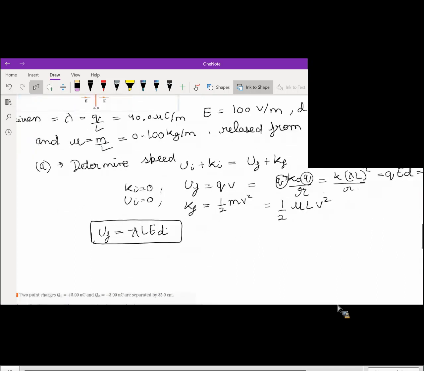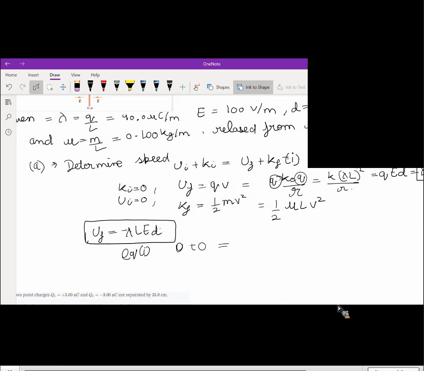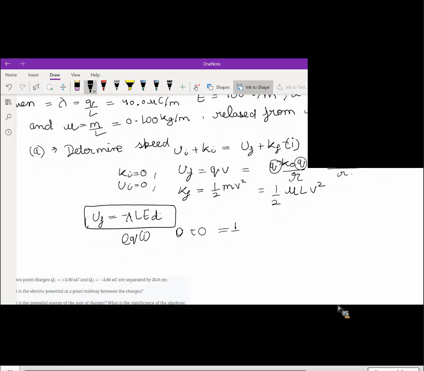Okay, perfect. So now you can write it as 0 plus 0, equation 1. Equation 1, you can write as half mu L v squared minus lambda LED.